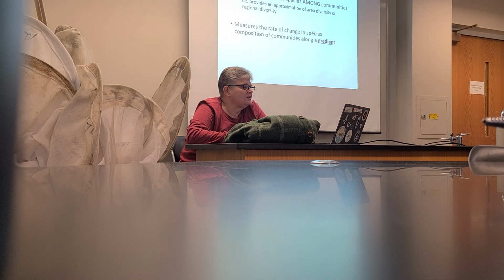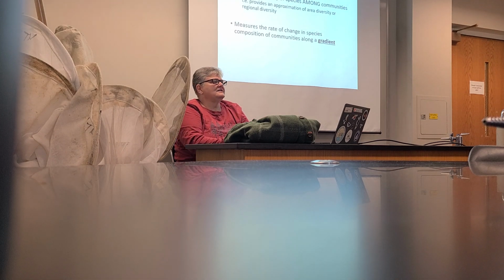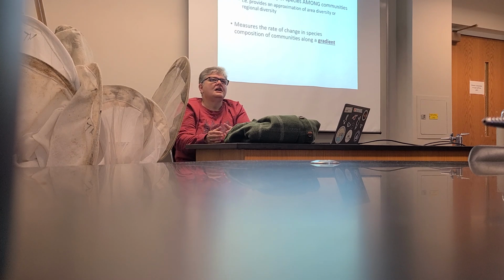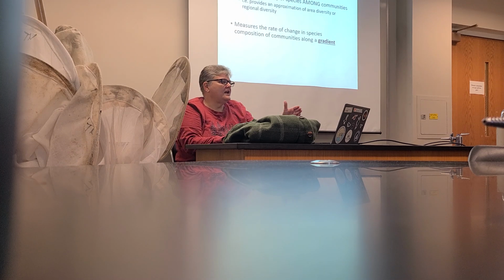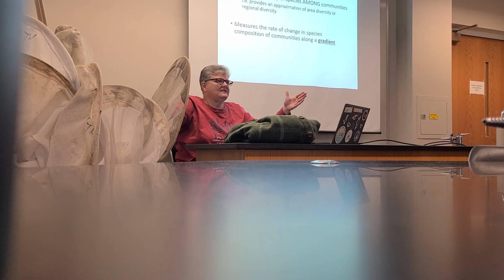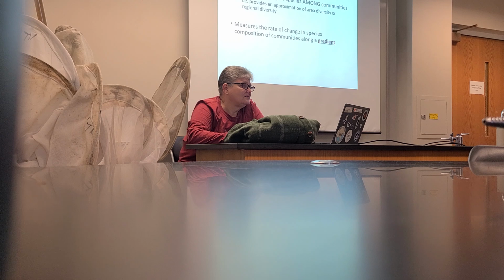And so it gives your changes in regional diversity, basically. It's not necessarily trying to do this community versus this community, but rather what it's trying to do is what happens as you move from this community to this community. What species are lost and what species are gained, essentially.